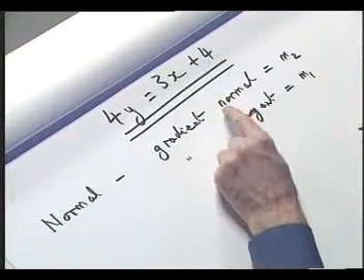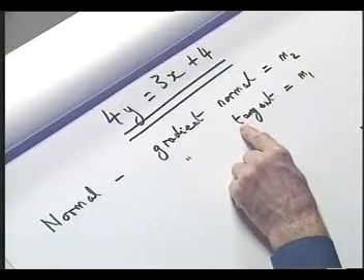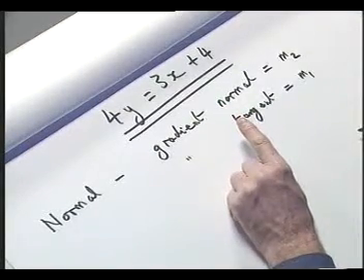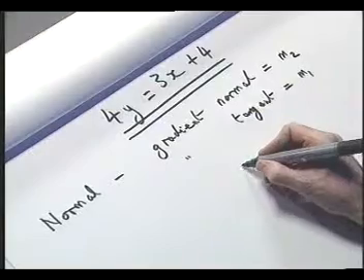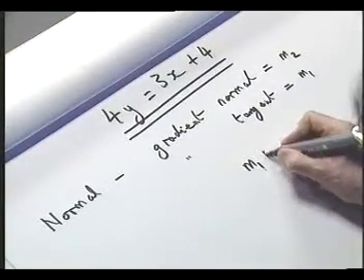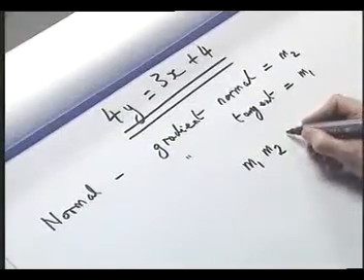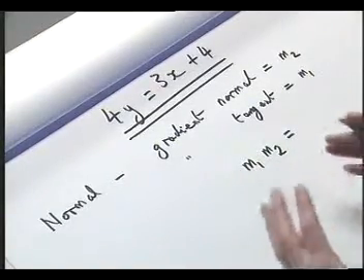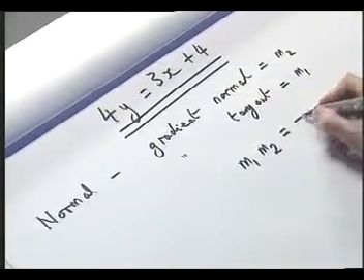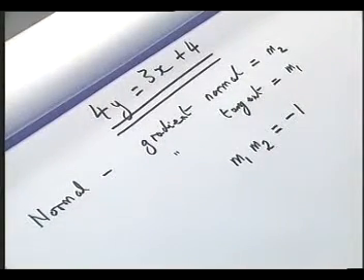And let's recall that normal and tangent are perpendicular. And the thing that we said about two lines that were at right angles to each other was that if we multiplied their gradients together, the answer we got was -1.